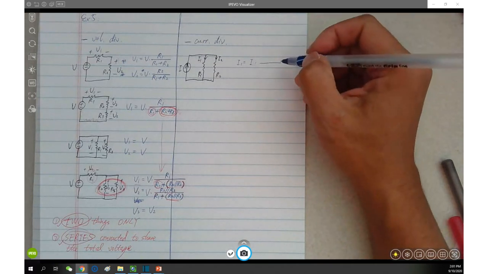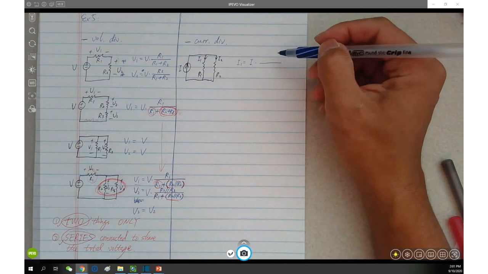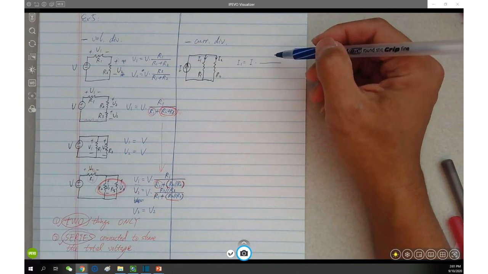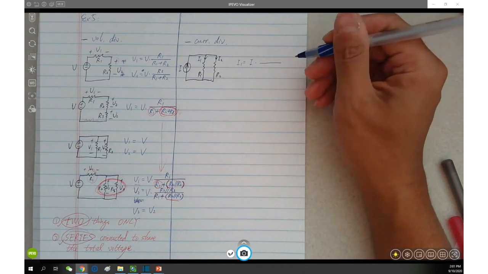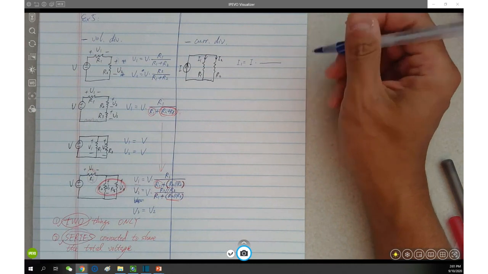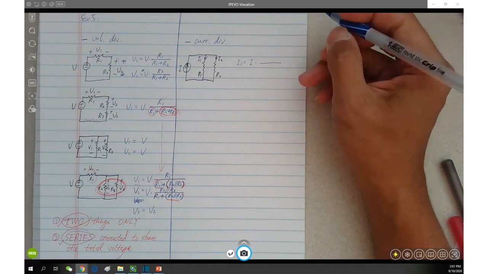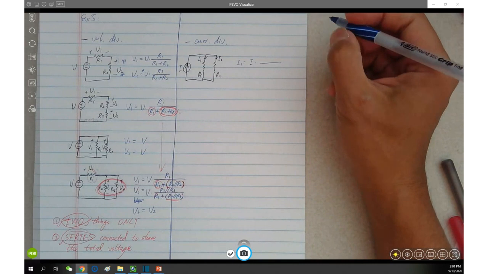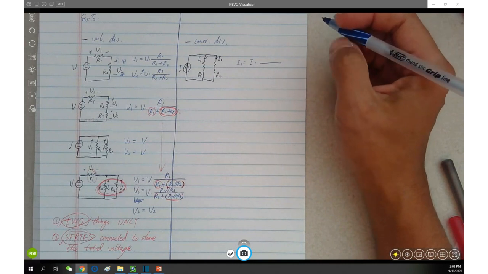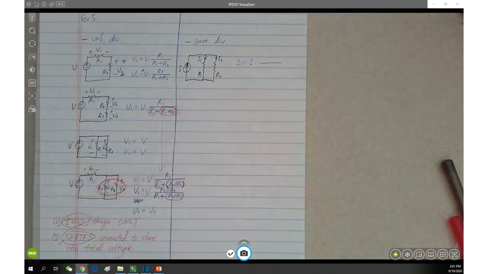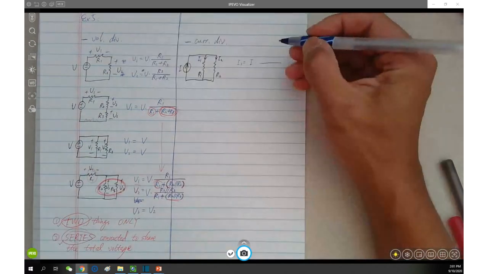Numerator is the other branch, which is R2.